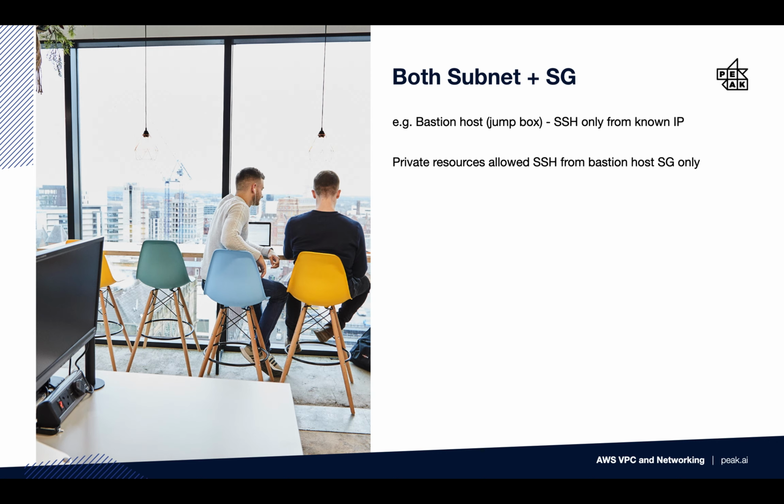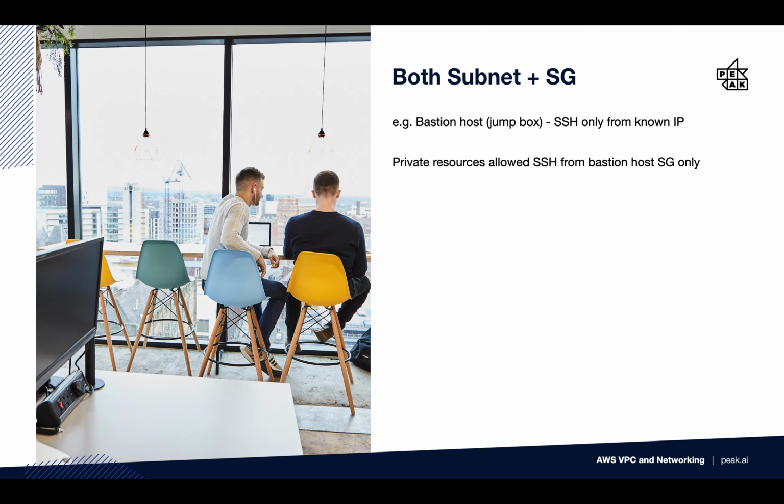We may also work with both subnets and security groups. So another live example really is a Bastion host or a jump box. Our administrators may SSH into that jump box. Now that may be hardened, very locked down security, for example, SSH only allowed from a known IP address.